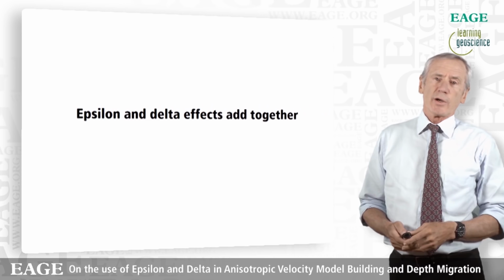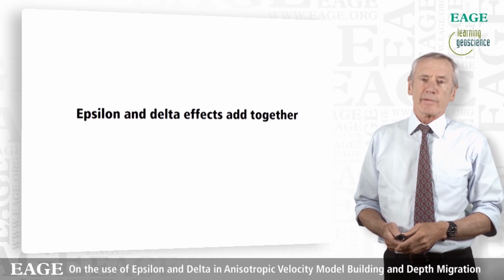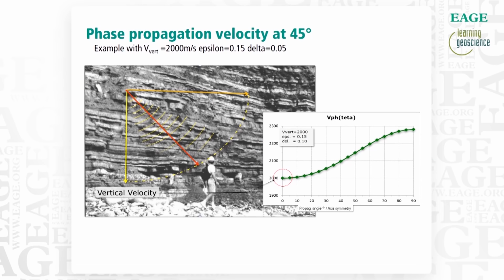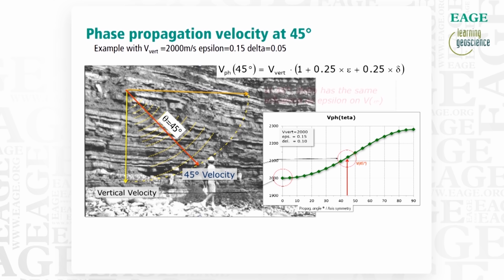Okay, Thomsen's equations tell us that epsilon and delta effects add together. For instance here, looking at what's happening at 45 degrees propagation, we see from the equations that epsilon and delta would have the same effect on phase velocity for that specific angle of 45 degrees.